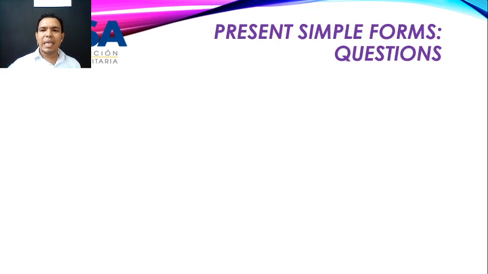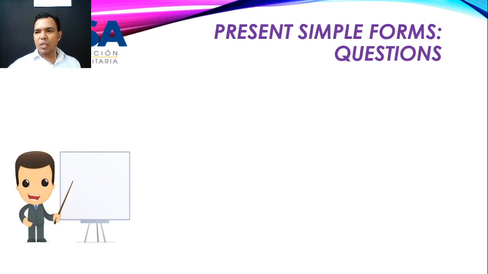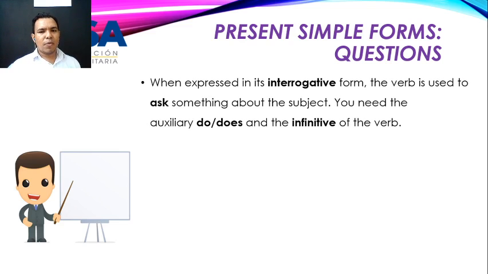Let's continue with the present simple in questions. When we are talking about questions, we need to remember we have two types of questions. We have yes no questions, and also information questions. But what is interrogative?